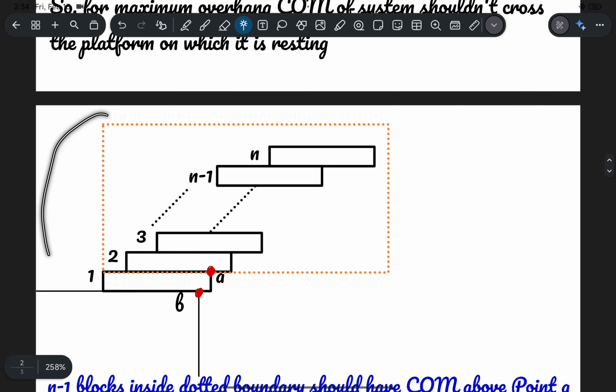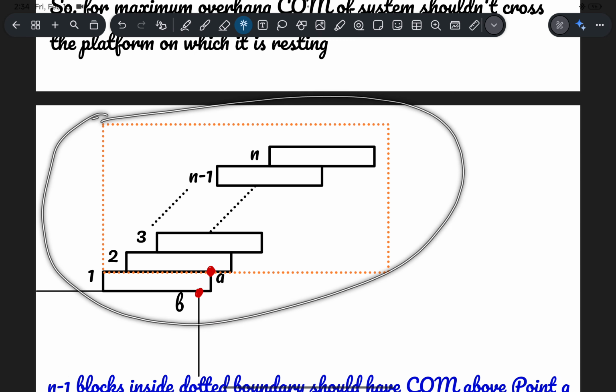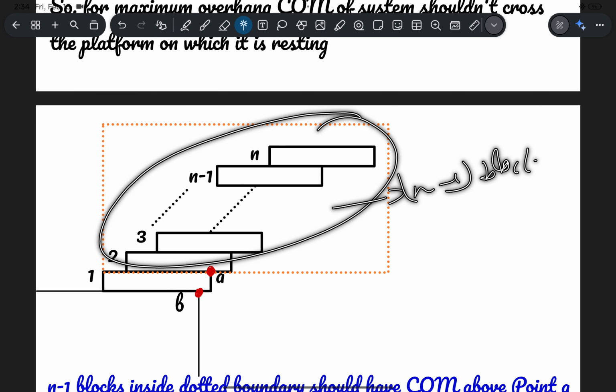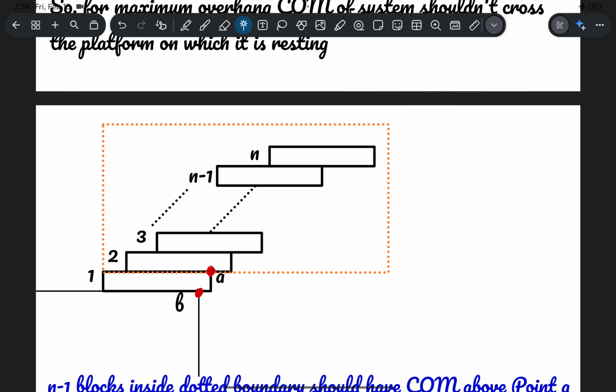If you have n blocks, in that, I'm making these n minus 1 blocks as one system and this one block as a separate one. So I can claim by using the previous logic that the center of mass of these n minus 1 blocks in the orange dotted line should lie above point A. Otherwise, if the center of mass is somewhere here, it flips.